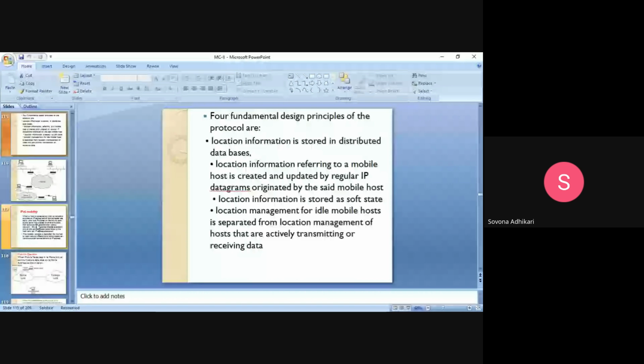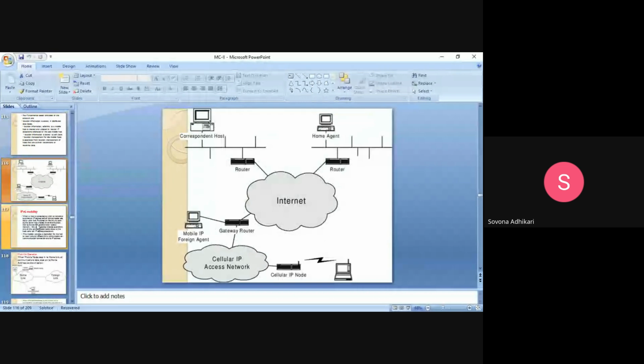Let us see. Here also there is a correspondent host who is sending data, and a home agent is there, you see. So the correspondent host, while sending data to the home agent or mobile node, if it is in the home agent, there is no problem.